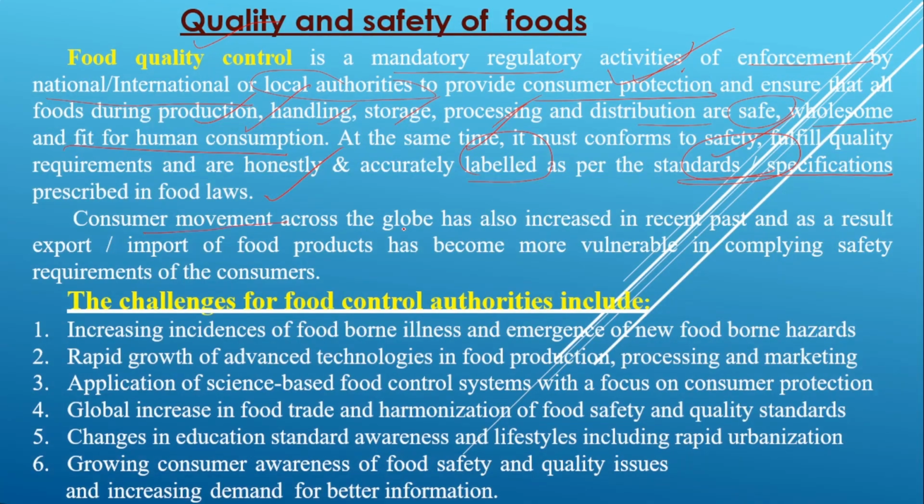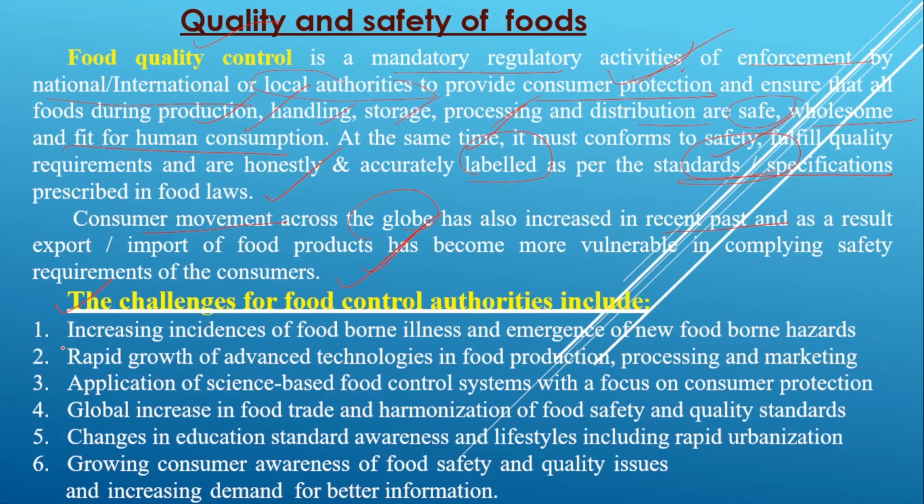Consumer movement across the globe has increased in the recent past, and as a result, the export and import of food products has become more vulnerable in complying with the safety requirements of the consumer. The challenges listed are the key issues faced by the food control authorities, that is, government or regulatory bodies responsible for ensuring food safety and quality.